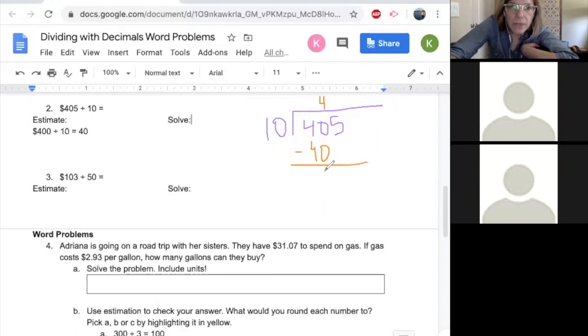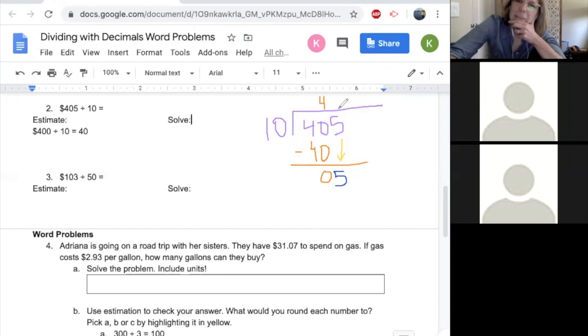I'm going to need some more room. Okay. 0. Great. And what is the next step that I do in long division, Chips? You put the 5 on the next one. Yeah, exactly. Bring down that 5. Now, can 10 go into 5? No. It doesn't.